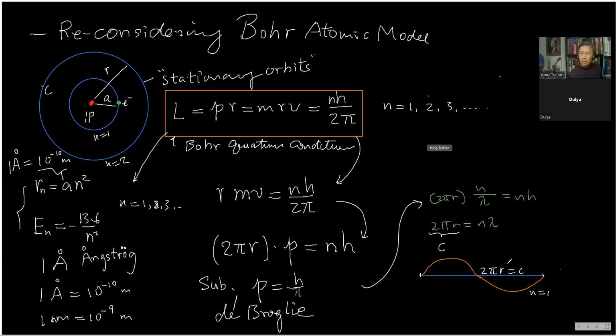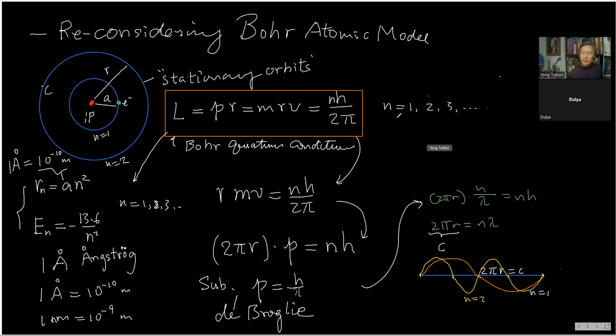How about n equal to 2? N equal to 2, we got 2 sine wavelengths. Can you see? There's one, another one. So this is n equal to 2.